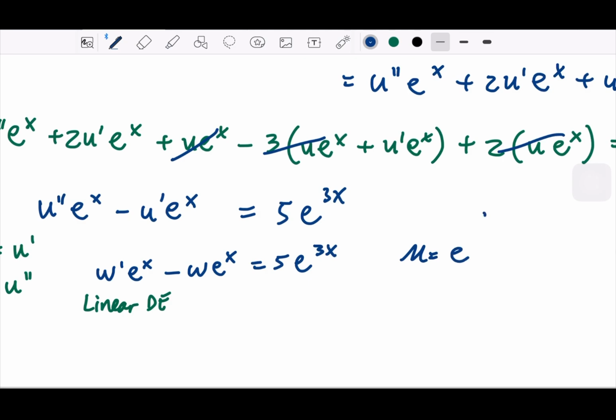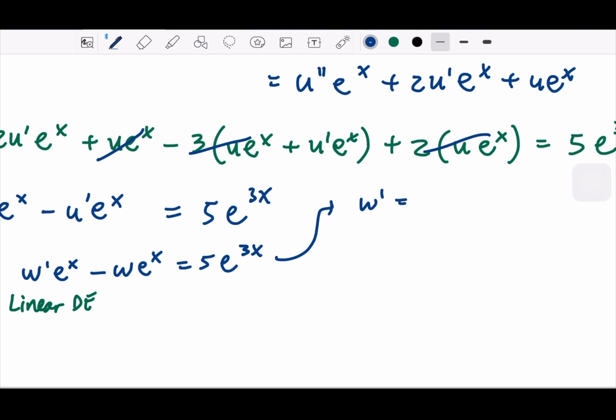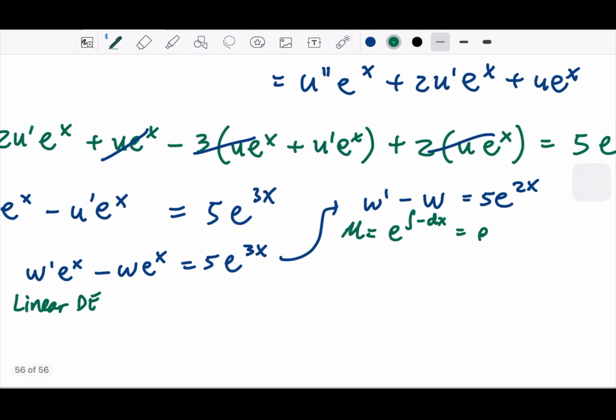So we divide with e to the x, so we have 5e to the 2x. Okay, I think this will be clear enough. So we have the integrating factor e to the power of negative integral dx, which will be e to the negative x.